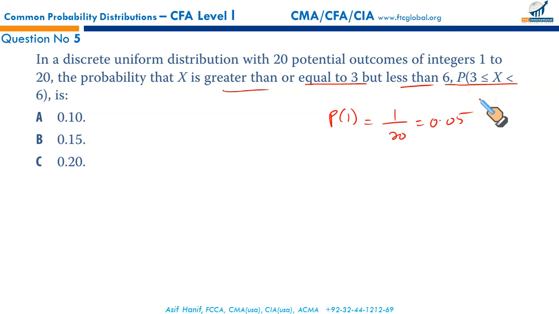Since it's a uniform distribution, the probability of 2 is 1/20, 3 is 1/20, 4 is 1/20. Each will have the same probability because it's a uniform distribution.